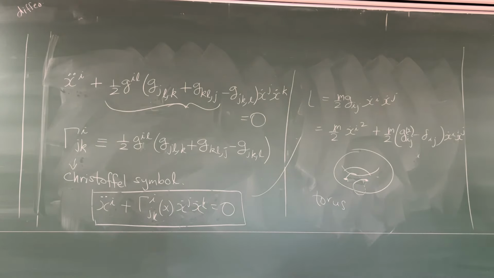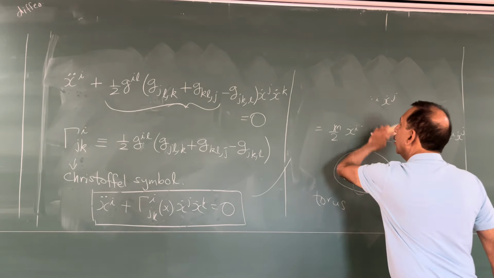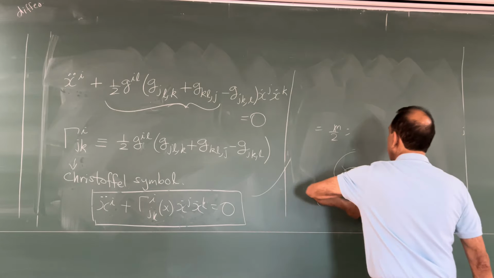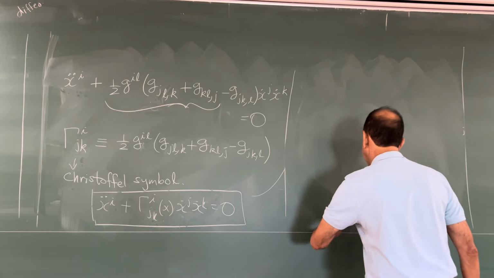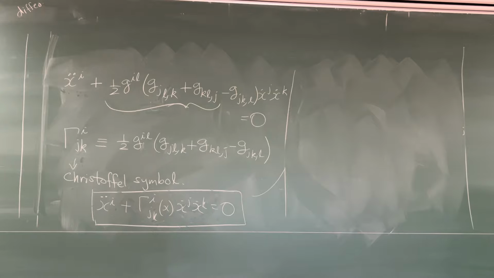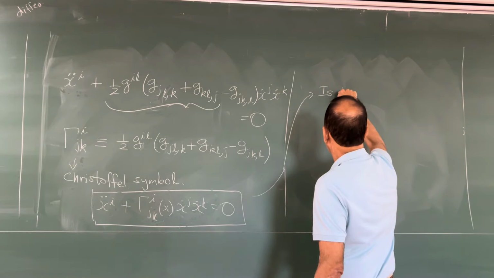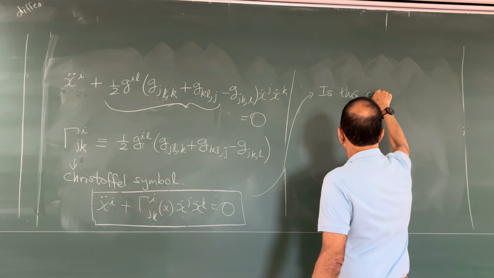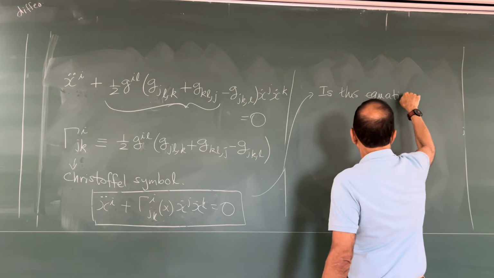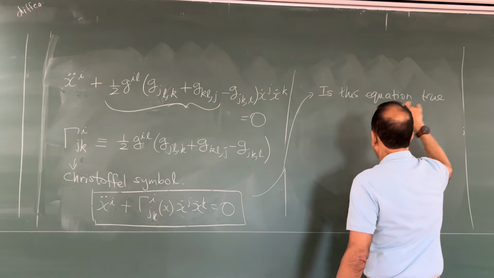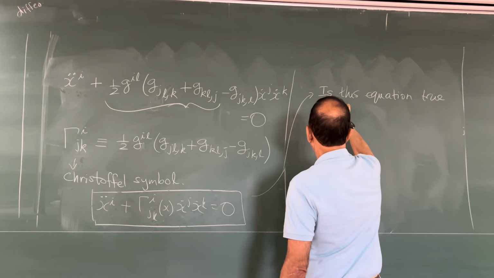Okay. Now we have to face a very important puzzle, and that puzzle comes to us exactly because we are understanding that this is a geometry problem. The puzzle is this: is this equation true after I change coordinates?